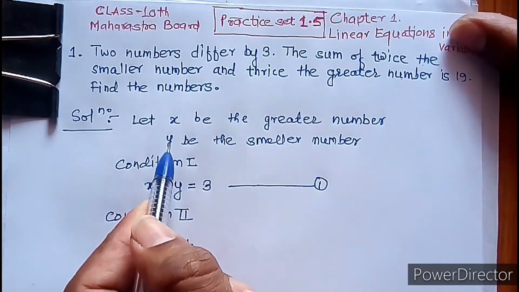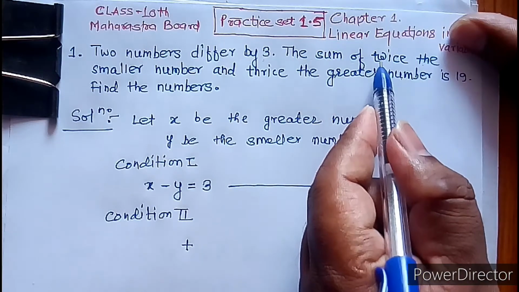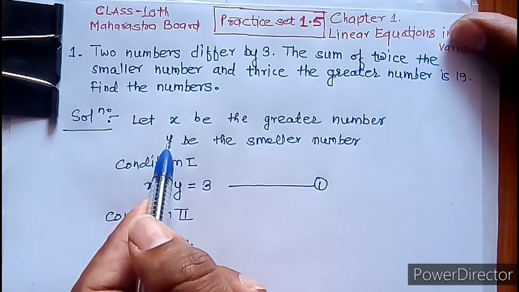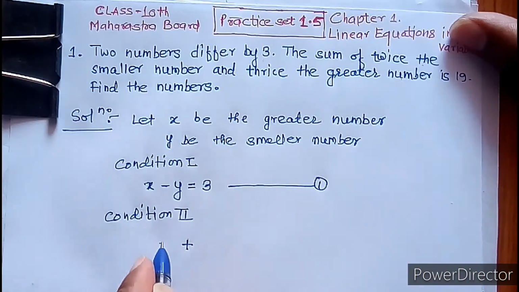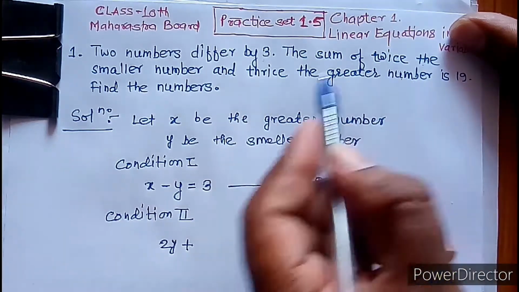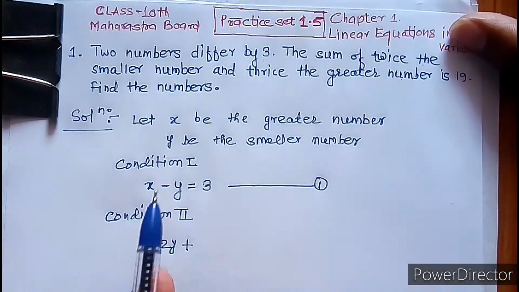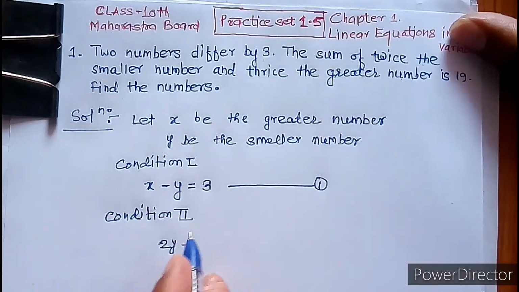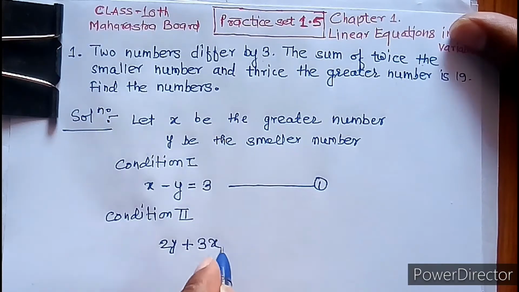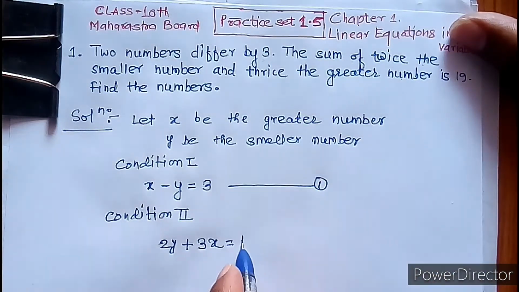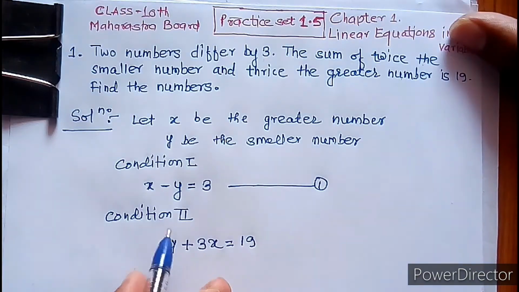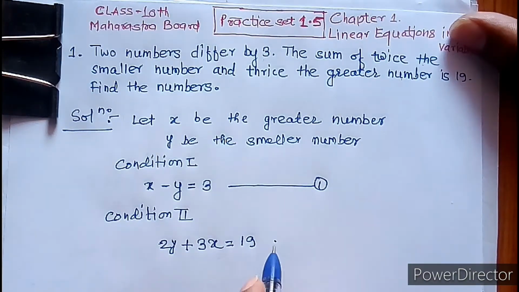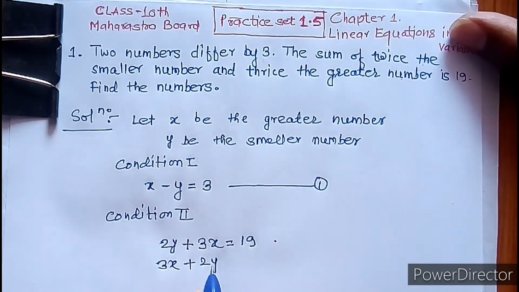Here the smaller number is y, twice the smaller number means 2 times y, that is 2y, and thrice the greater number. Here the greater number is x, 3 times it, means 3 into x, and their sum is 19. This is the second condition. We get this equation from condition 2. Write it properly: 3x plus 2y equals 19.